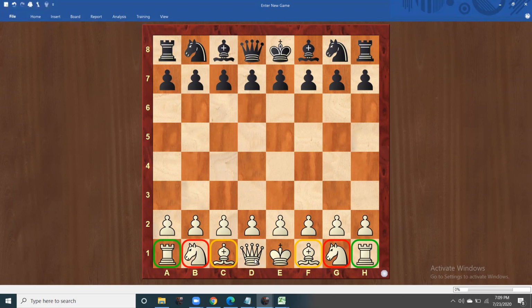This is the queen, and the one with the plus symbol is the king. Most probably in every chess set, the king will have the plus symbol. When I was very young and learning, I was always confused between the queen and the king.